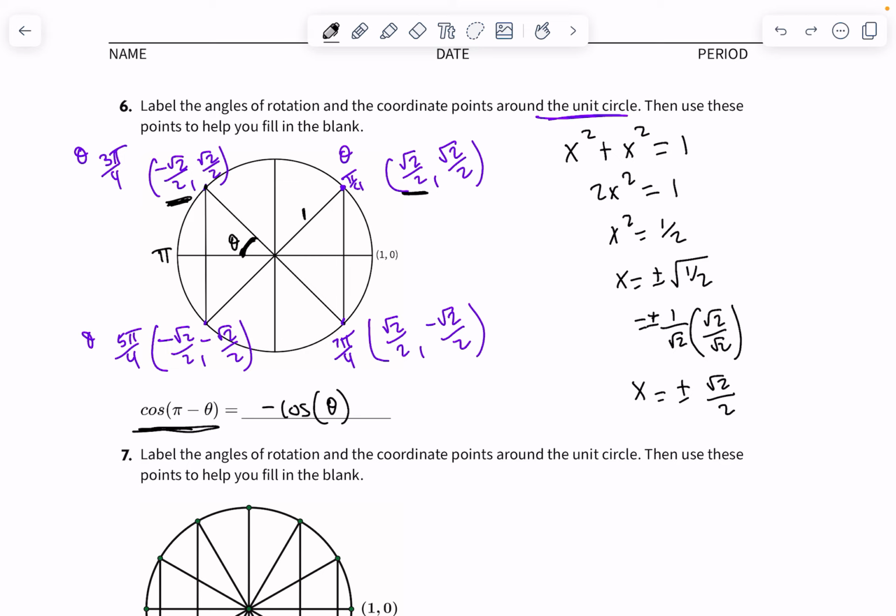So that's where it comes from, okay? I hope that made some sense. Because we're subtracting theta from pi, theta has to be positive, so we are going to be in quadrant 2. So quadrant 2 here is just a negative of whatever theta would be here, okay? This is theta, this is theta too, okay?